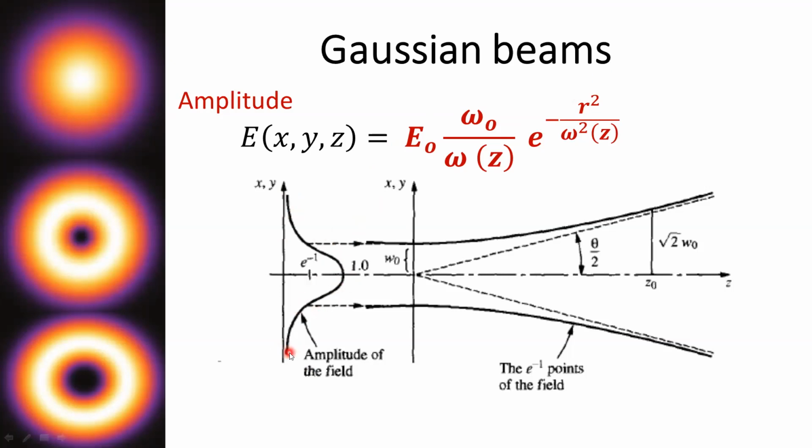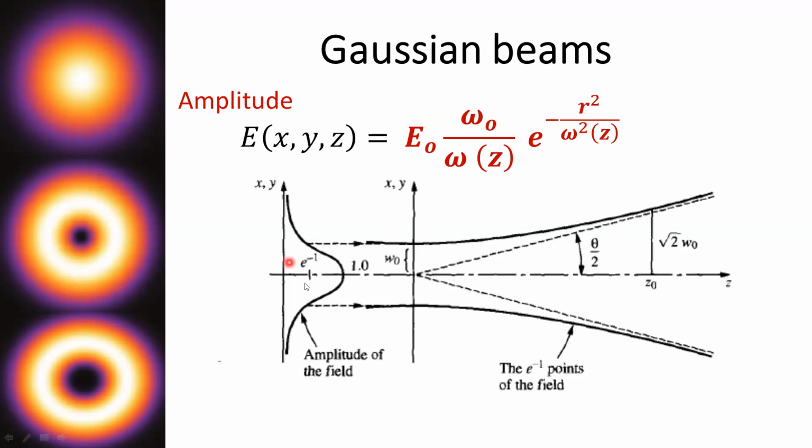We have a very interesting point here. Again, the equation now is E equals E node times 1 times e power minus r square over omega node square. What if r is equal to omega node? Then you will have E equals E node times e power minus 1, which means a reduction to 1 over e of the E node value, which is normalized here to 1.